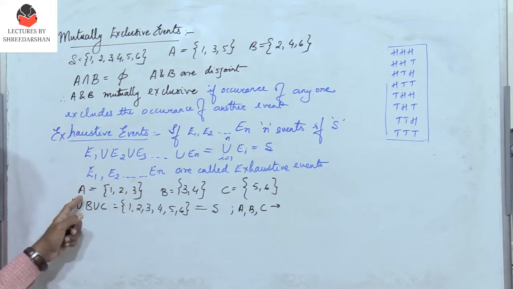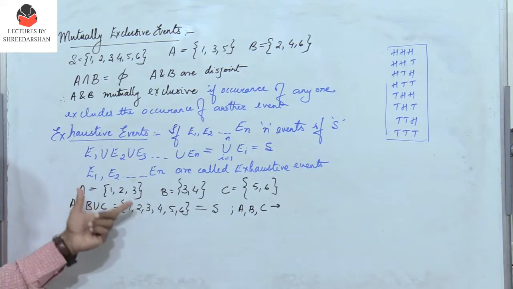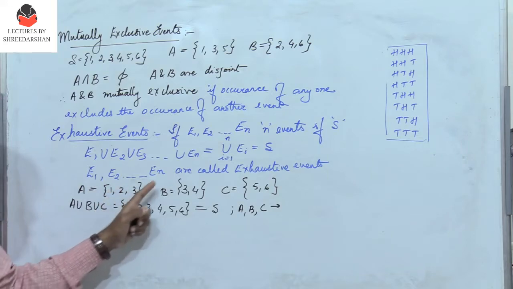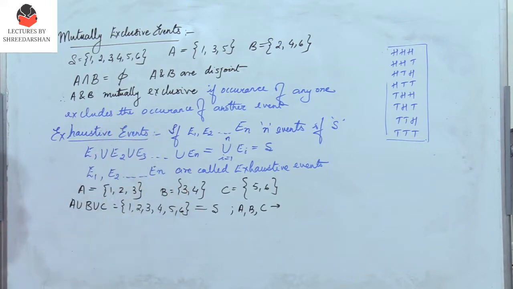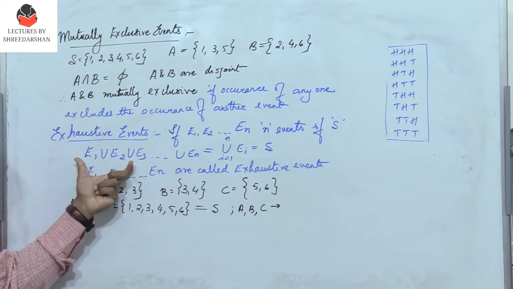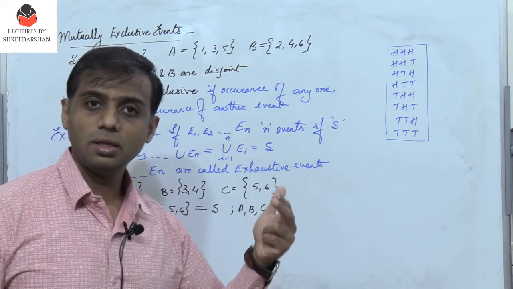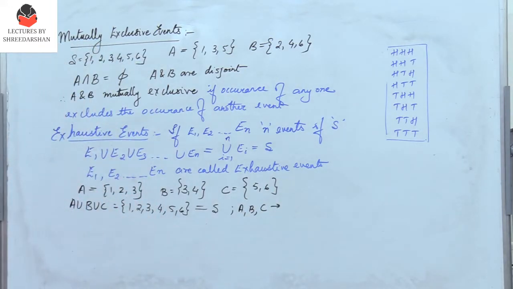But if I consider only A union B, they are not exhaustive events because if I combine these two, I will only get 1, 2, 3, 4, and that is not equal to the sample space. So if I take the union of all the events considered, and if that gives me the sample space, then those events are referred to as exhaustive events.